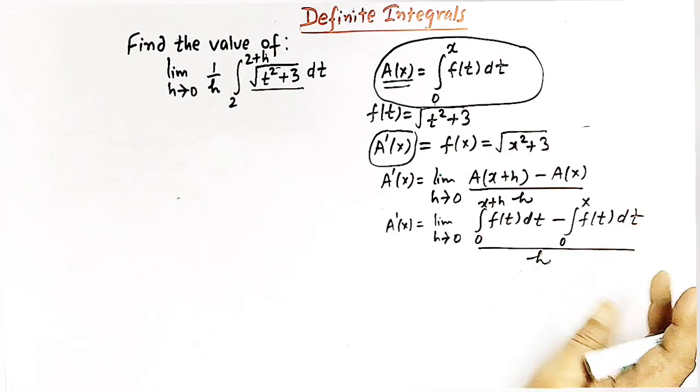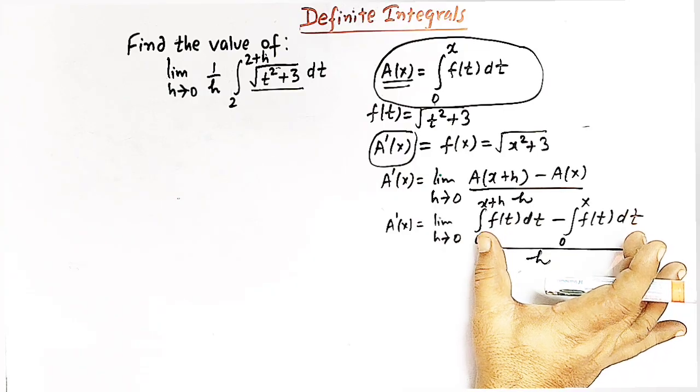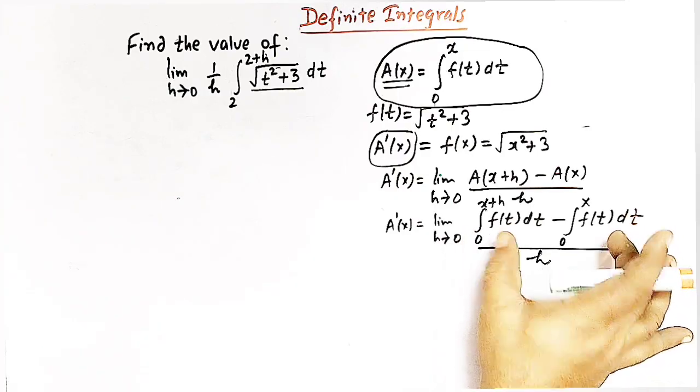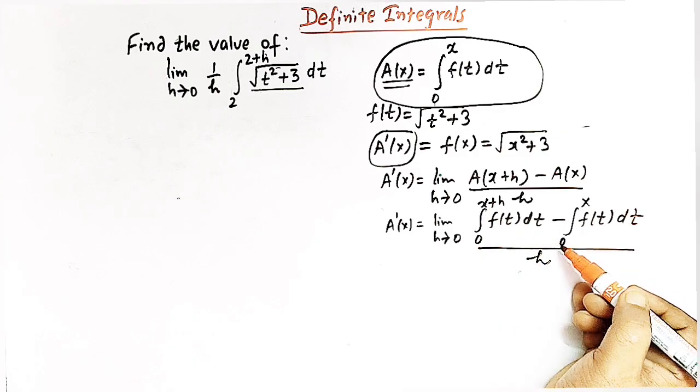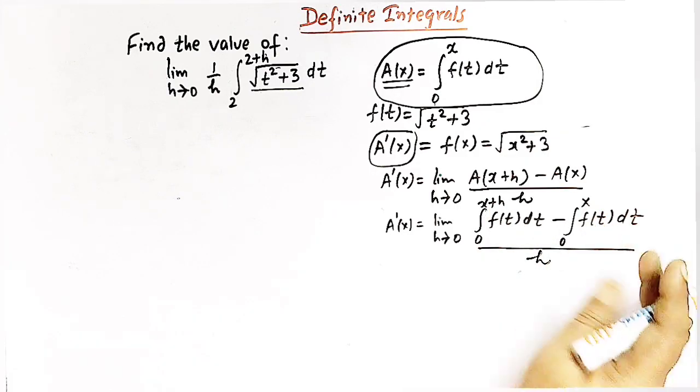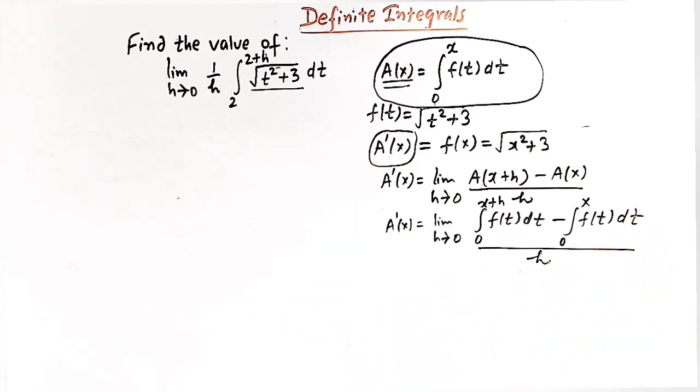Now let us focus on the term in the numerator. Here we have the integral from 0 to x plus h of f of t dt minus the integral from 0 to x of f of t dt. Now we are going to use a property of definite integrals.